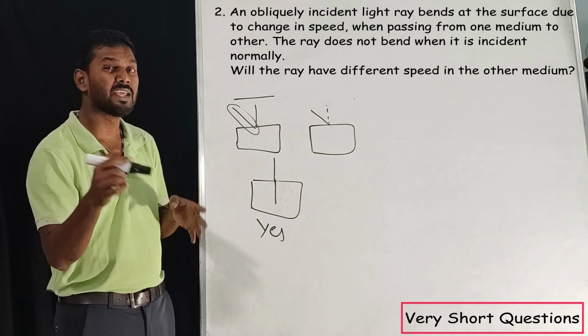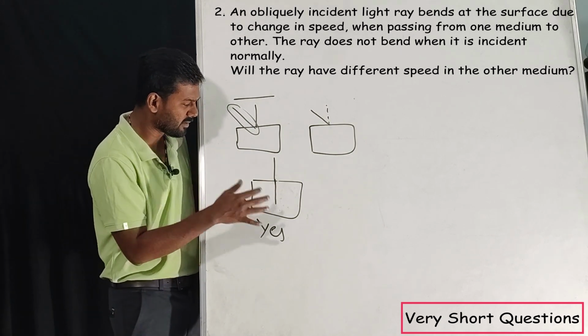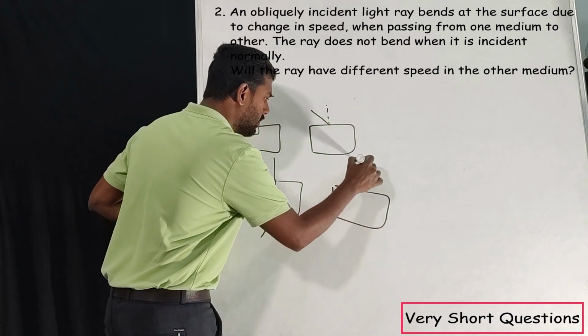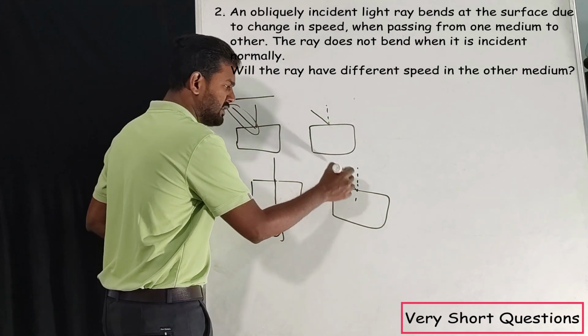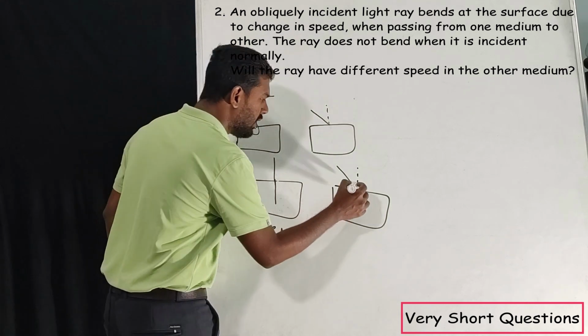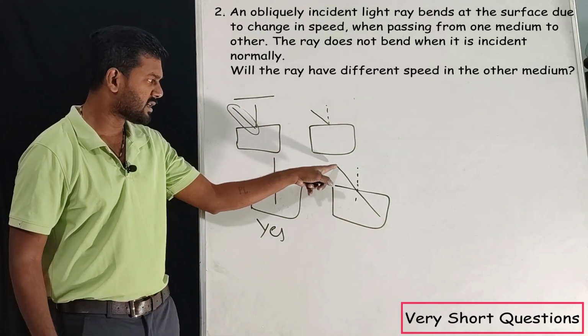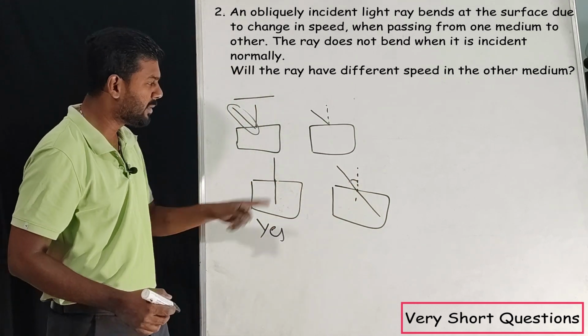Now we learn something extra about this concept. Very simple, listen. Even though the incident ray is oblique, there is an angle, there can be no refraction.